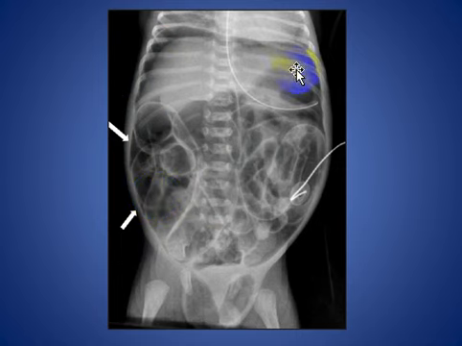And also we have free air and a continuous diaphragm sign in this patient, and also a regular sign, and also in this patient air in the scrotum. We call it pneumoscrotum.